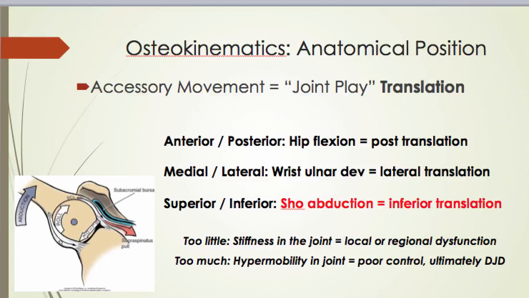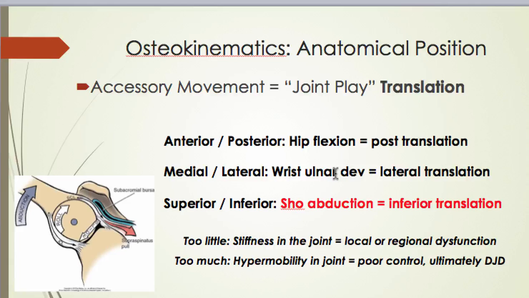So, just like we talked about before, these translations or accessory motions occur again following concave and convex rules. So in the anterior, posterior, or sagittal plane with hip flexion, we get a posterior translation. With wrist ulnar deviation, if you put your body in anatomical position right now, the palms forward and complete ulnar deviation towards the midline, what we get is a roll medially, but a glide laterally at the radiocarpal joint.